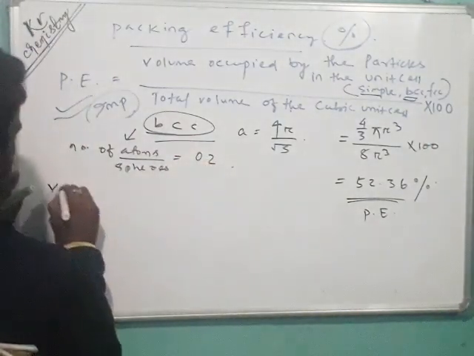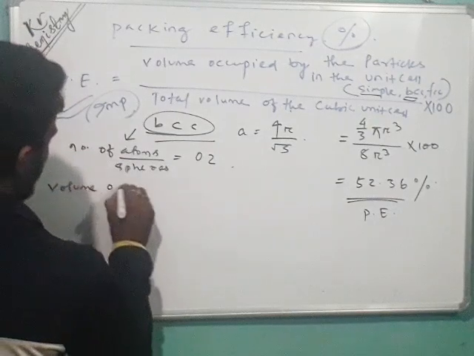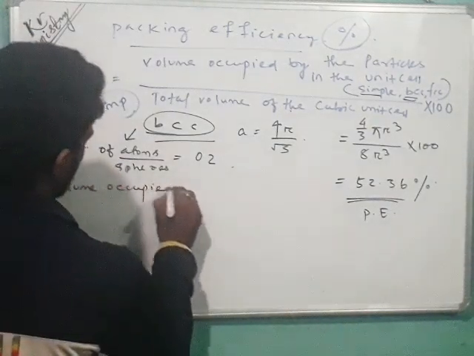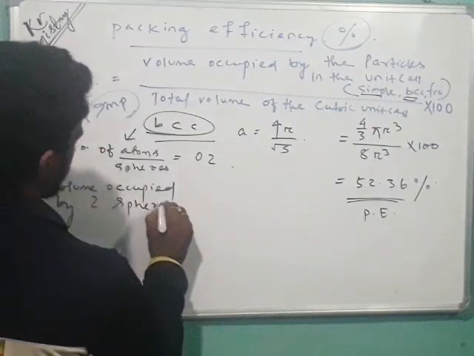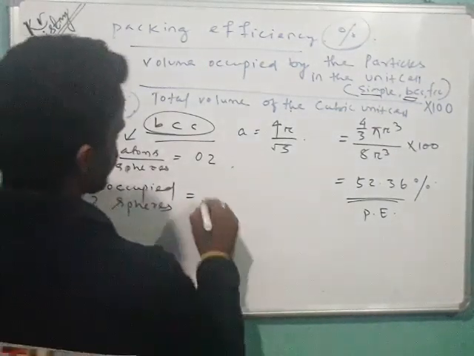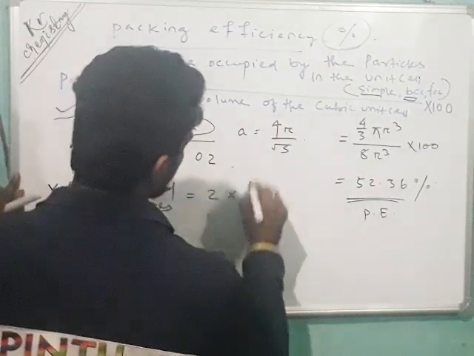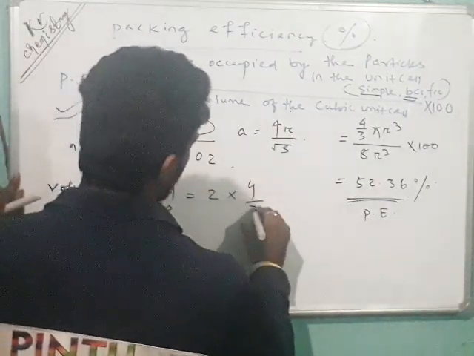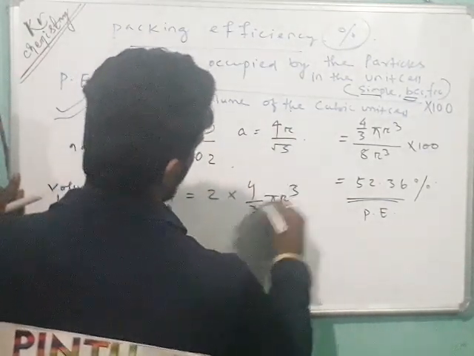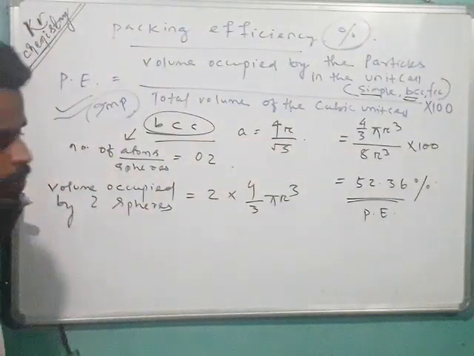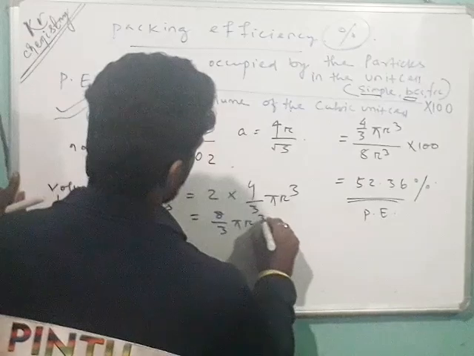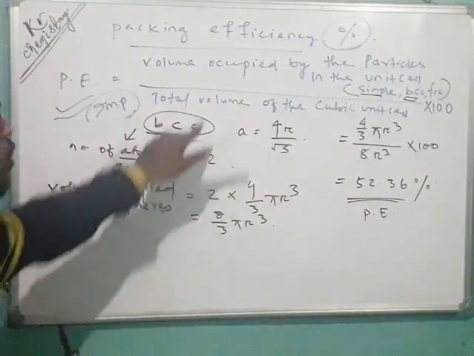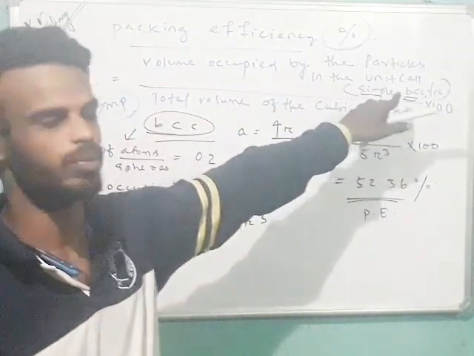So then the volume occupied by 2 spheres is equal to 2 into 4 by 3 pi r cube, that is 8 by 3 pi r cube. This is the volume occupied in body centered cubic crystal.